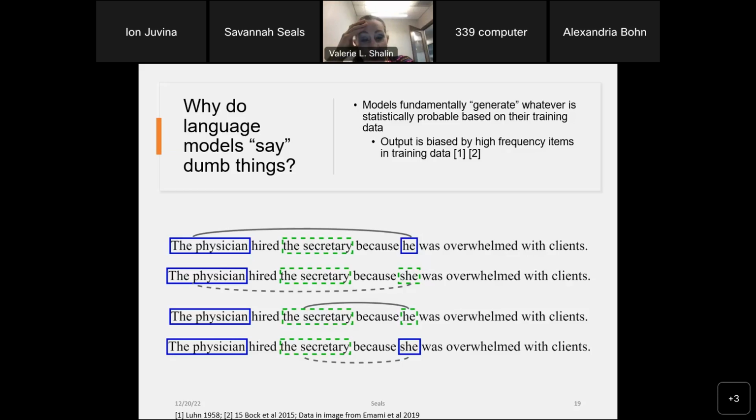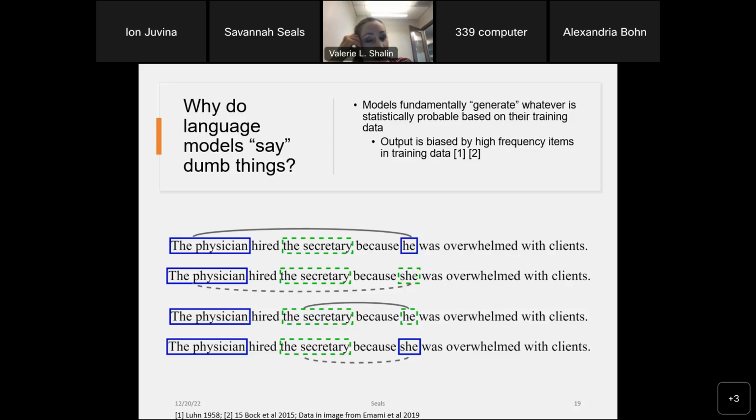This example down here is from a paper on co-reference resolution models. Co-reference resolution models assign pronouns to the nouns or names that they refer to. For example, we have, the physician hired the secretary because he was overwhelmed with clients, or the physician hired the secretary because she was overwhelmed with clients. In either of these cases, the pronoun should refer to the physician.